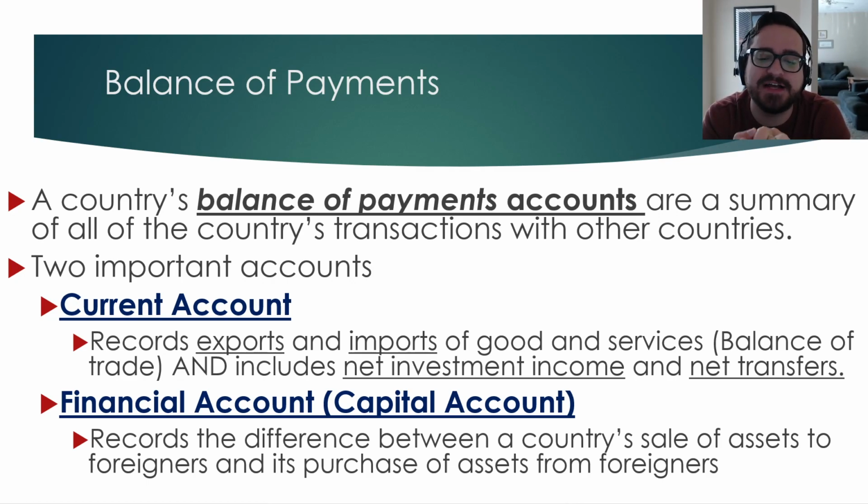Net investment income is money that we make off of investments overseas, and it's a net because foreigners making money off of investments here would be subtracted from that. By investments, I mean like if you were to put your money in a Swiss bank account. It's a phrase people have heard before, right? If you were to put your money in a Swiss bank account and collect interest off of that account, that's net investment income.